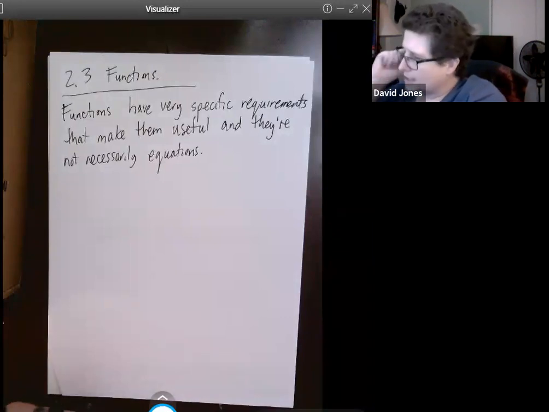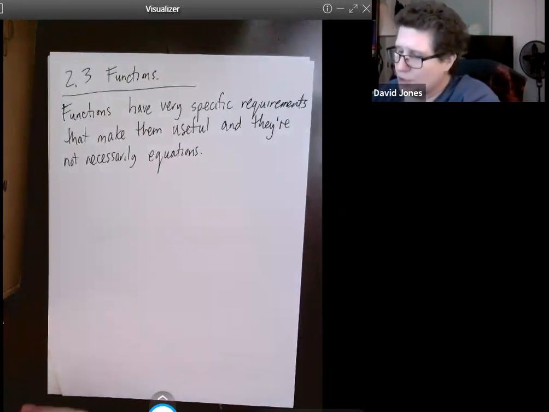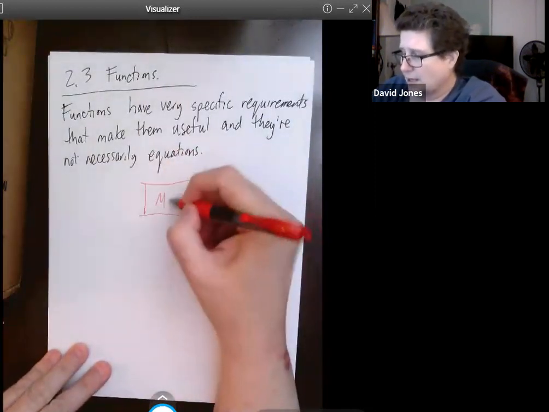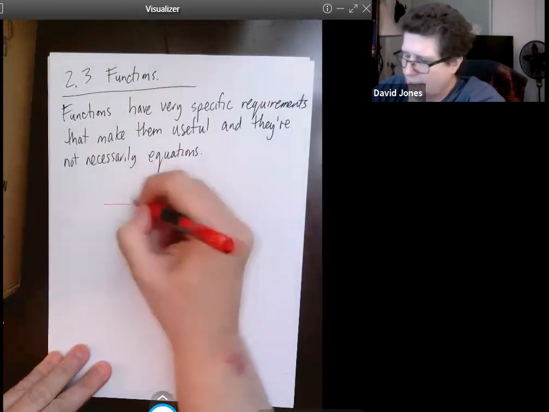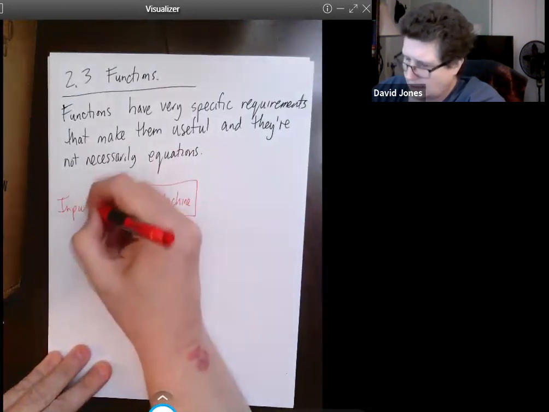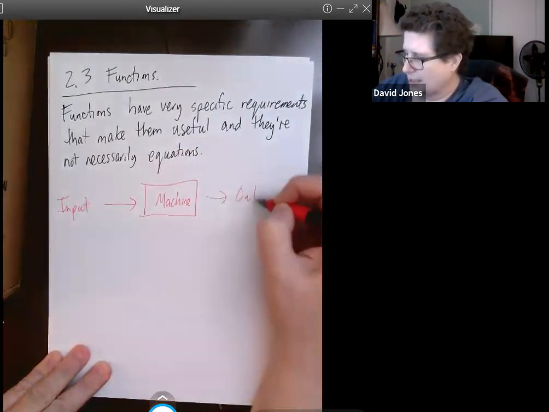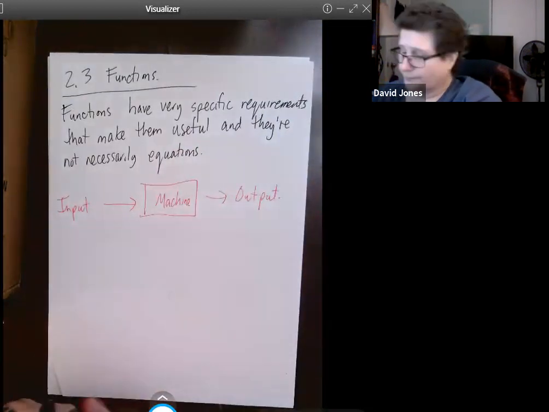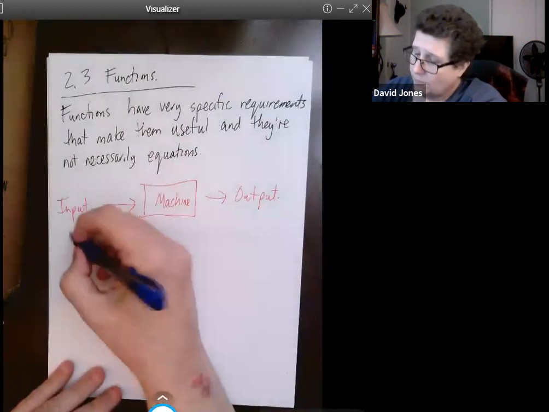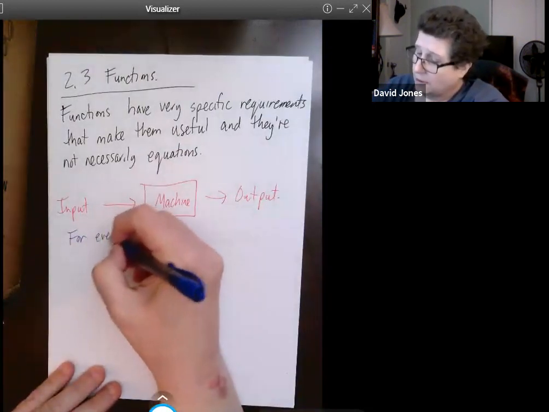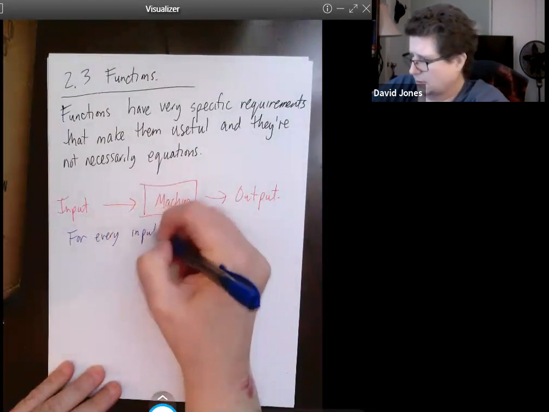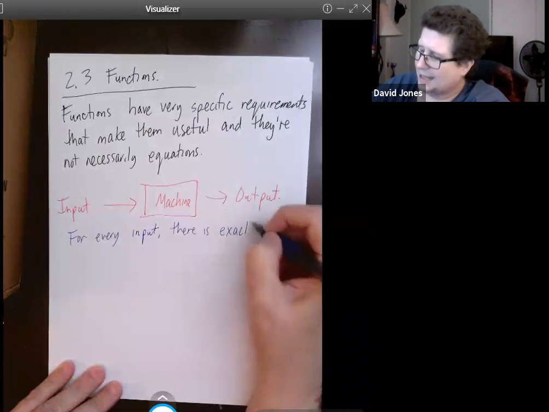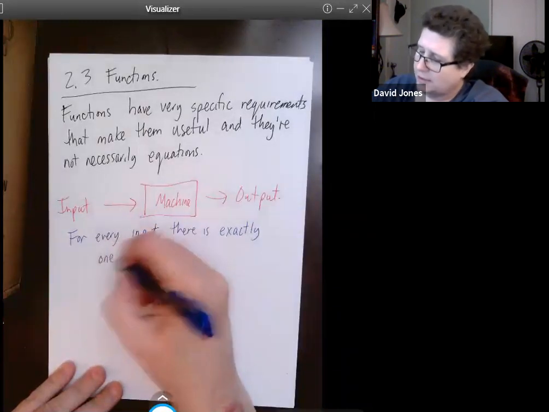The way it works is, for every input value, it's like a machine. We input one thing and the output is something else. And for every input, there's exactly one output for a function.